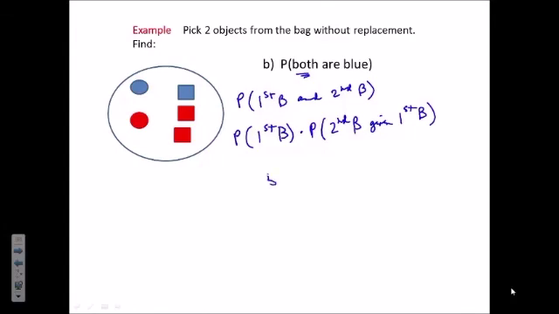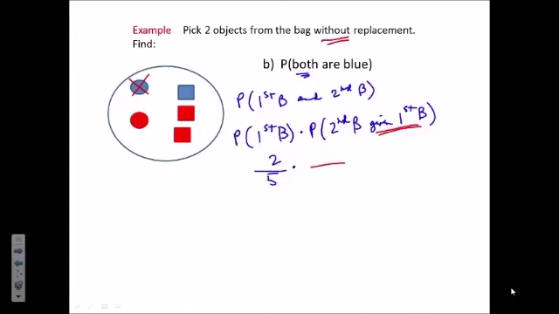Well, there are 5 objects in the bag on the first pick. How many are blue? 2 out of 5. Now start with the given. Given that the first pick is blue and we're not replacing it, we've lost one of these 2 blue objects. So let's say we lost the circle. We lost the blue object.